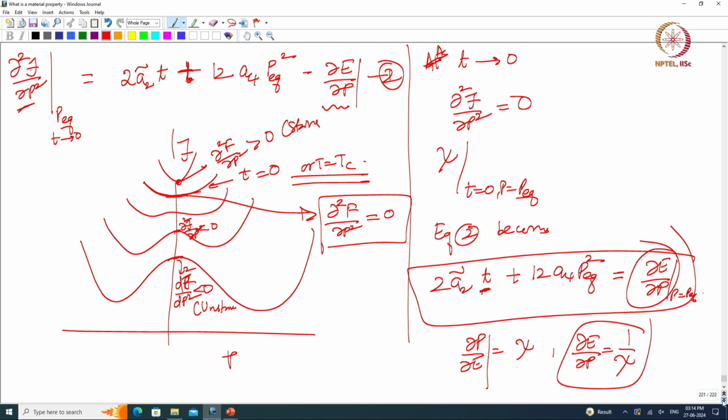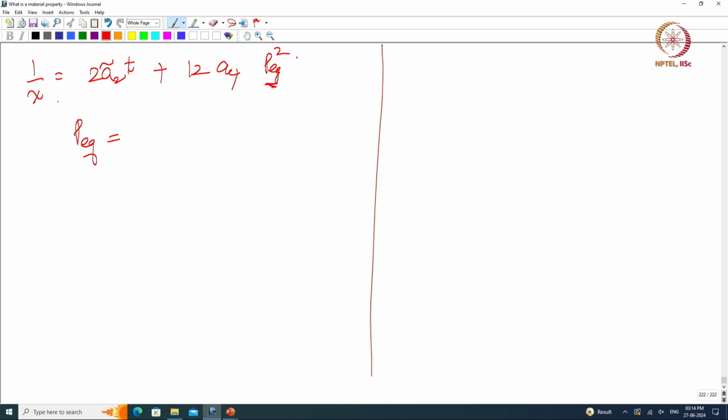So, for t less than 0, p equilibrium square is minus 2a2 t by 4a4. For t greater than 0, p equilibrium square is equal to 0, okay.